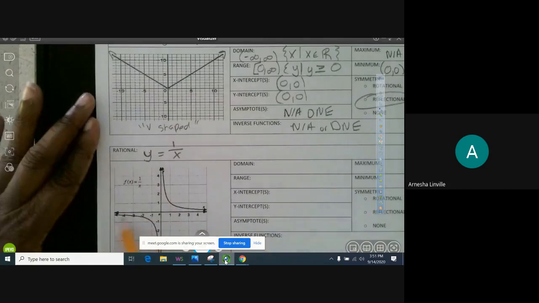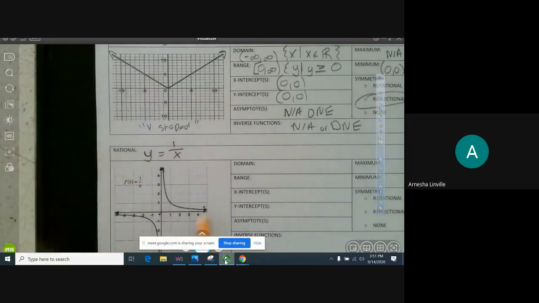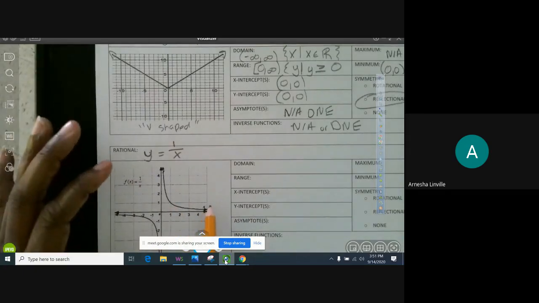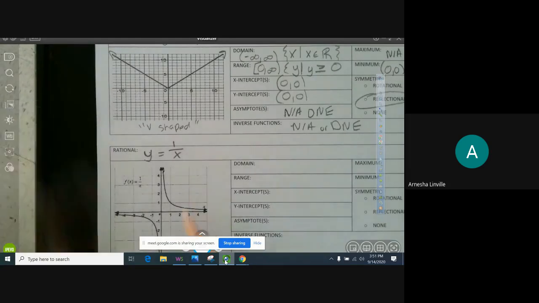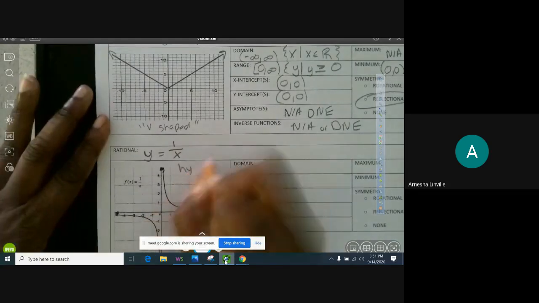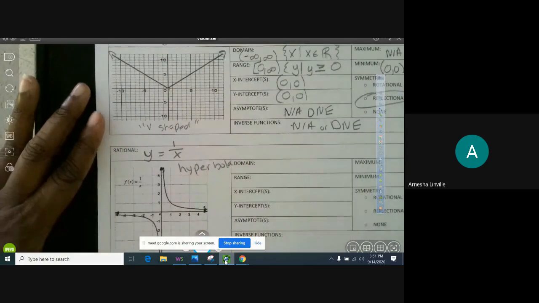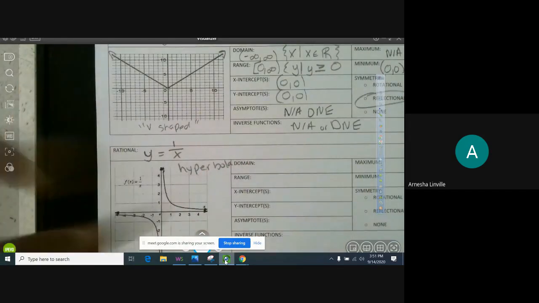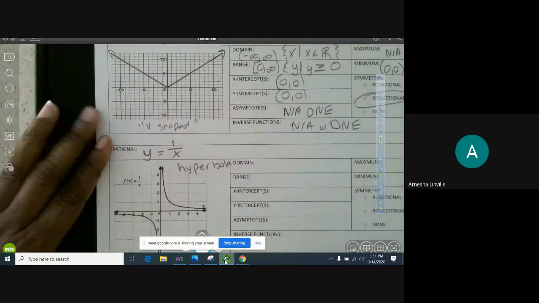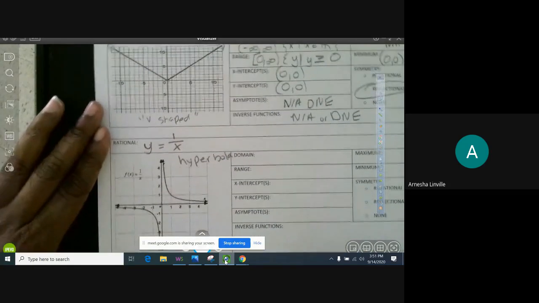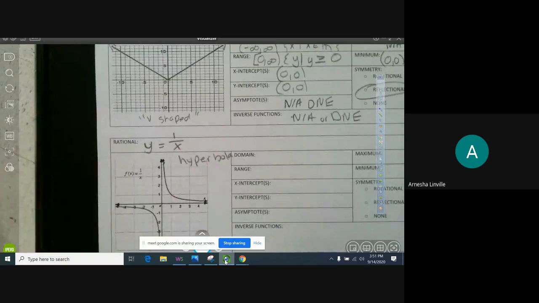If you look at the graph, to me they look like two boomerangs, like the little things that you throw and bring back to you, but the proper name for it is a hyperbola. So these are hyperbolas. That's the description, or the proper name, for the graph.